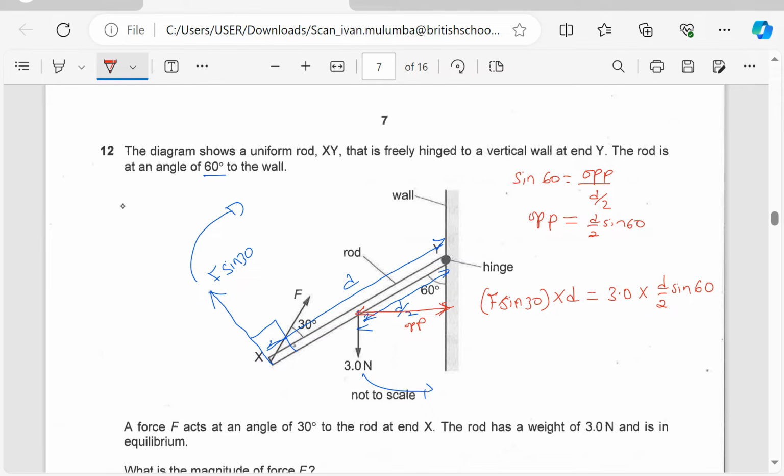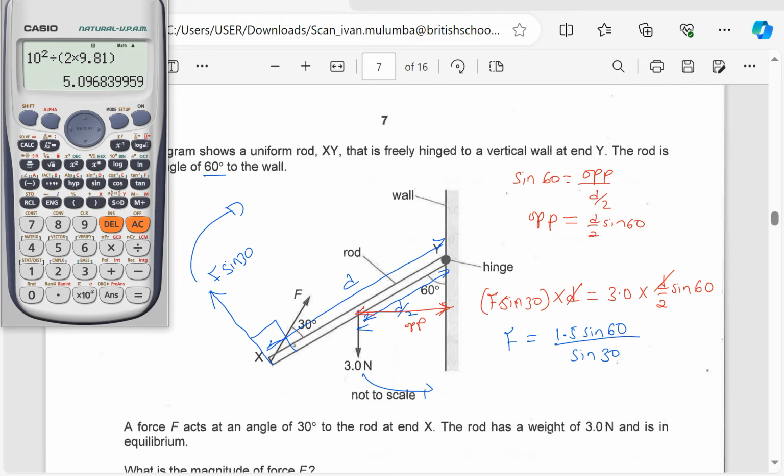So d has cancelled, and you have 3 divided by 2, that's 1.5. So I have that F is equal to 1.5 sine of 60 divided by sine of 30.